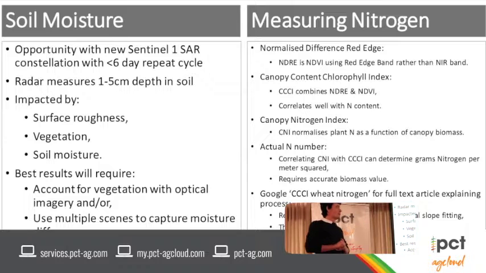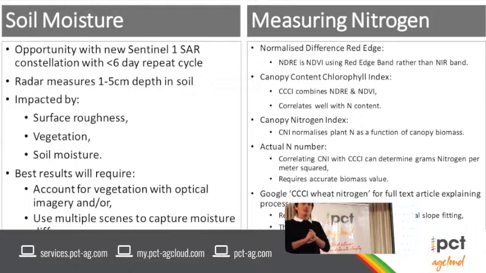This is something that we can delve into a bit later if people are interested, the ins and outs of it. But basically, it's a matter of taking a bunch of algorithms that already exist and correlating them together, and then getting a really good dry biomass reading from the ground, calibrating it back. So it's possible on a paddock by paddock basis, but again, trying to automate that and give you a number that's not just pulled out of the backside as far as nitrogen goes, it's a bit more difficult.